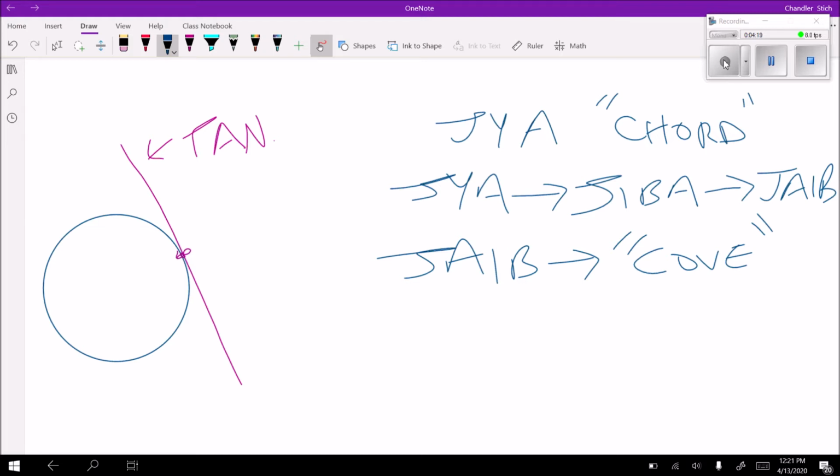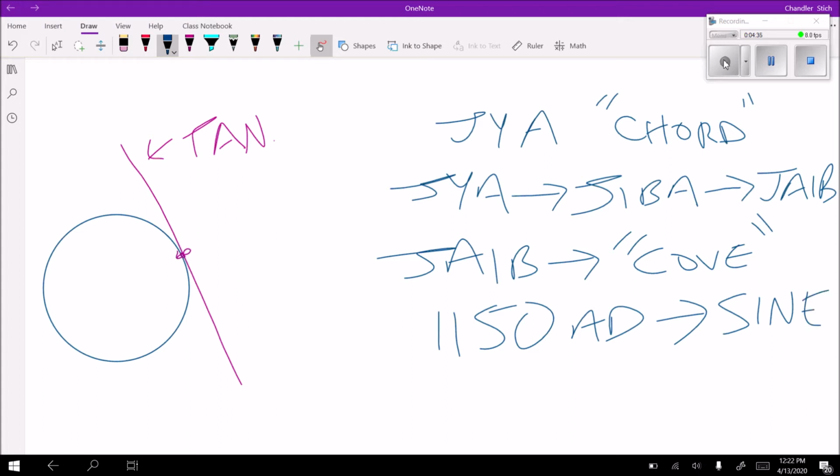Then in 1150, the year 1150 AD, they translated that to sine. Jaib, which is Latin, means cove, which is the same thing as sinus, S-I-N-U-S.